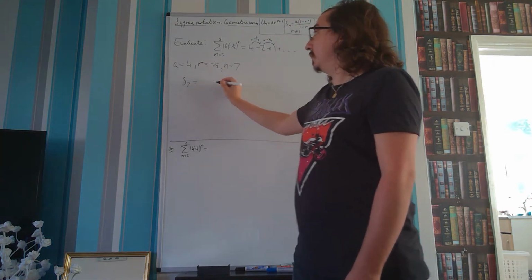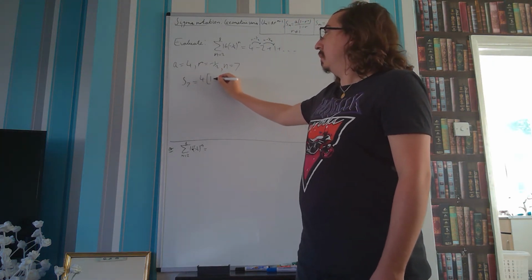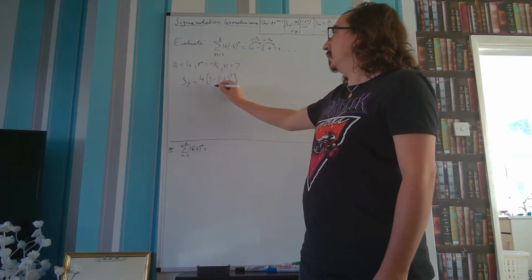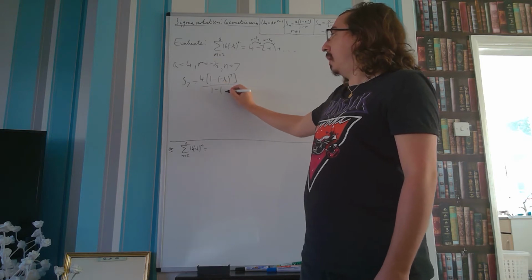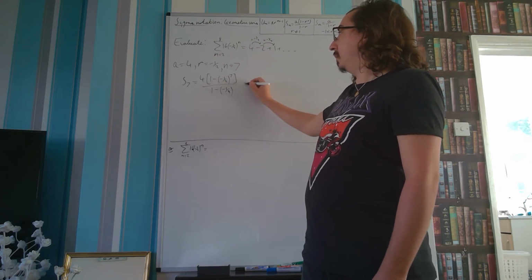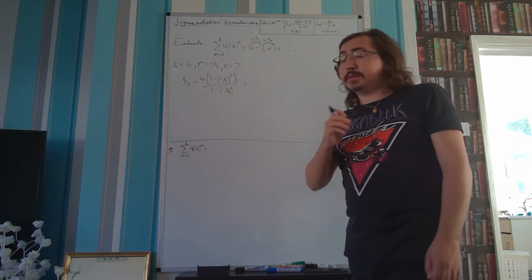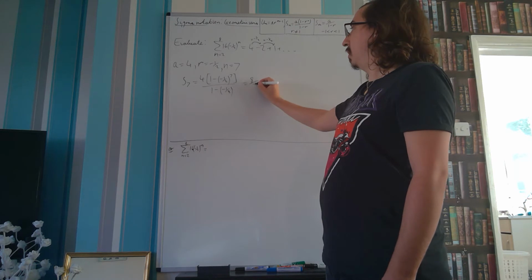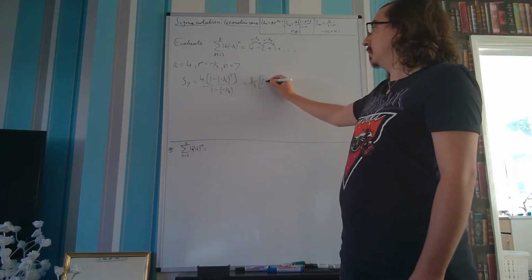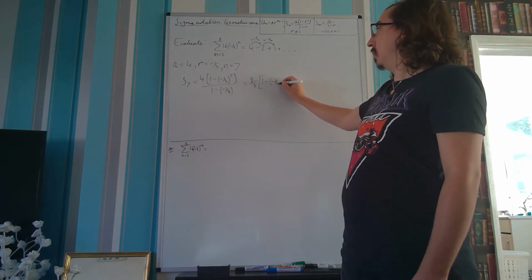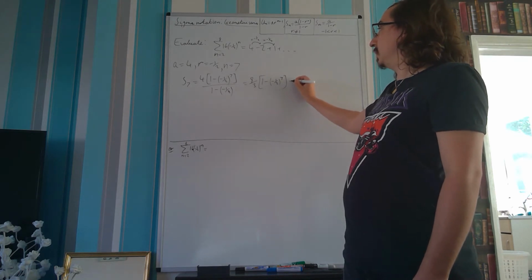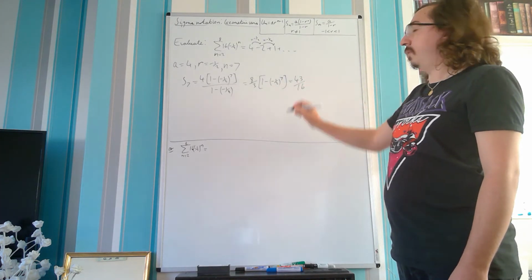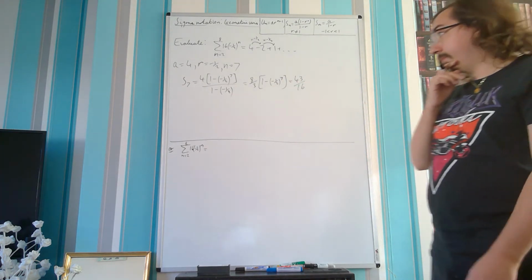So the sum of the first 7 terms is equal to 4 times 1 minus a half to the power of 7, which is n, over 1 minus a half. 1 minus a half is 3 over 2. 4 divided by 3 over 2 is 8 over 3 times 1 minus a half to the 7, which if you put that into your calculator, you end up with 43 over 16.